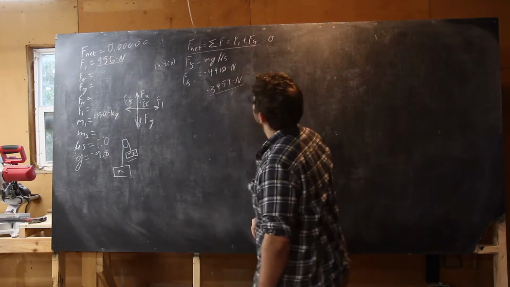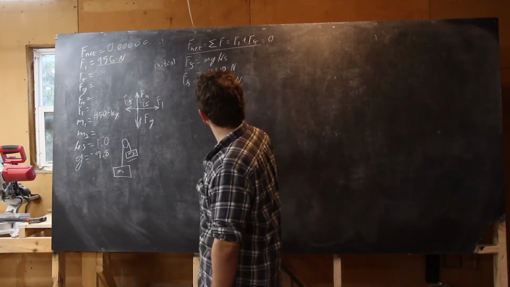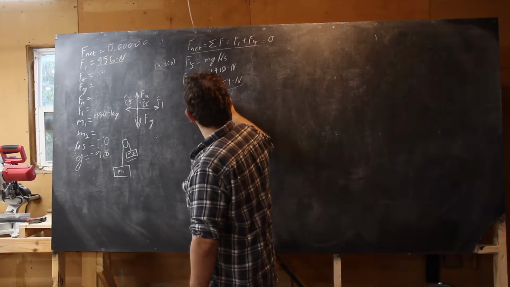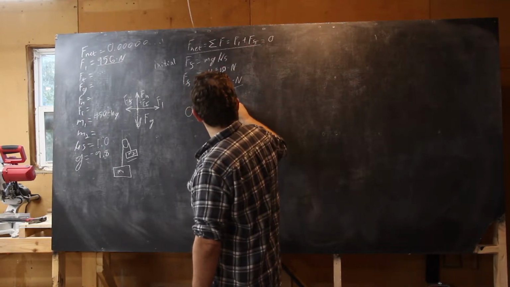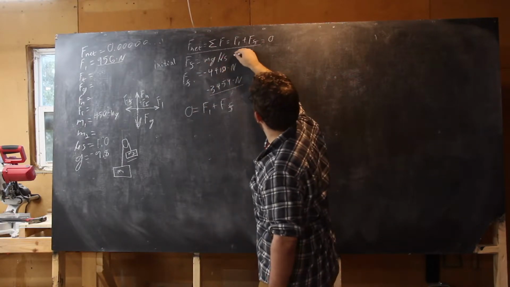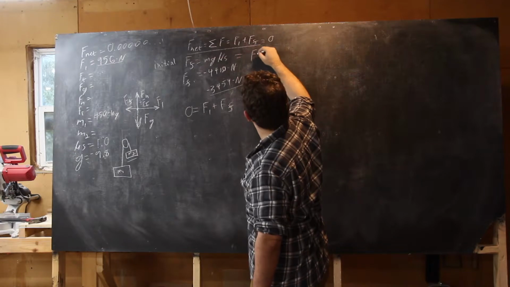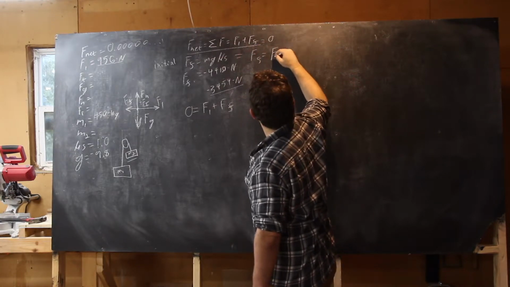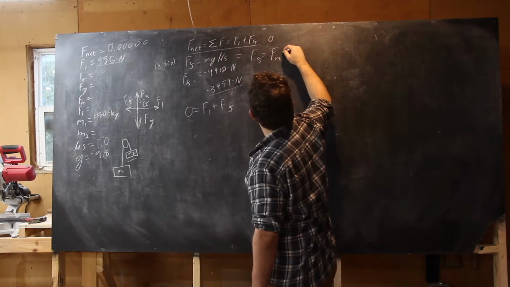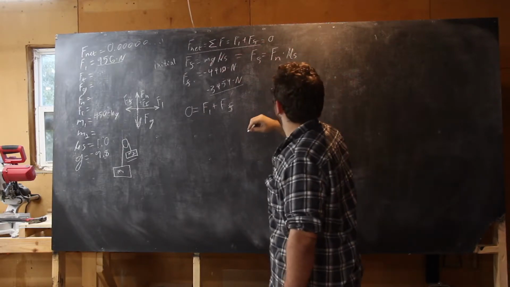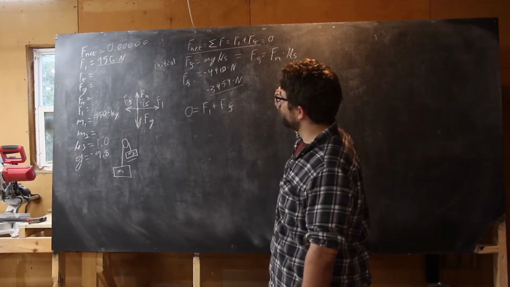Well, I need to set this equation to be true. So I say F net is equal to 0, so I need to say 0 equals F1 plus force of friction. And since I know that force of friction is actually equal to the force normal times mu s, then I'm going to play with the force normal.